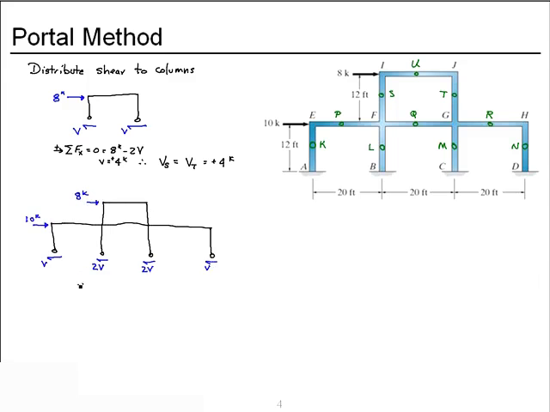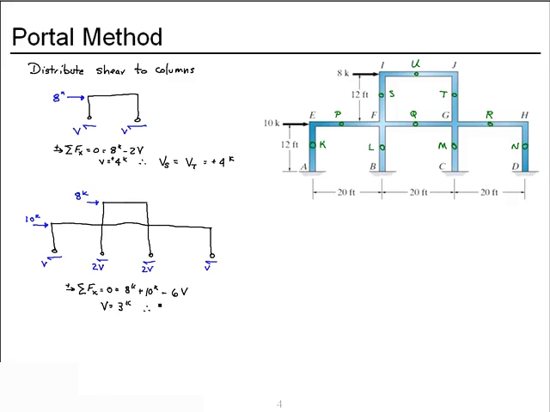So I'll sum forces in the horizontal direction. We have the 8 kips and the 10 kips, and we have 1, 3, 5, 6 V coming back the other direction. So V is 3 kips.